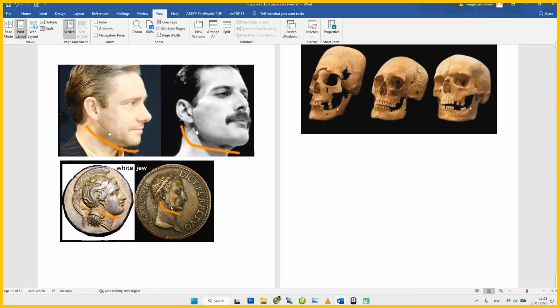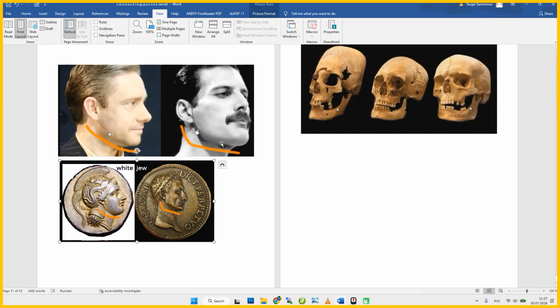Okay, let's see these lines. This is Freddie Mercury and Martin Freeman. I love both of them. A very great singer and a very great actor. And we have different jaw shapes.